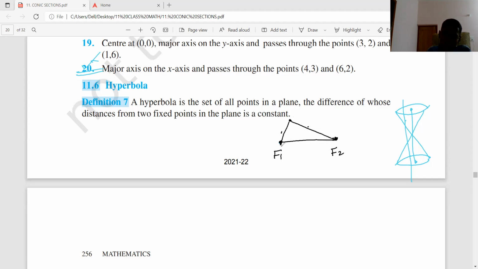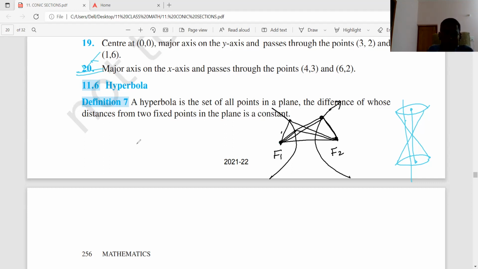This is the distance between the foci. Like this, what you get? You will get a parabola here, and you get another one here. Here also this distance minus this distance you will get the same.